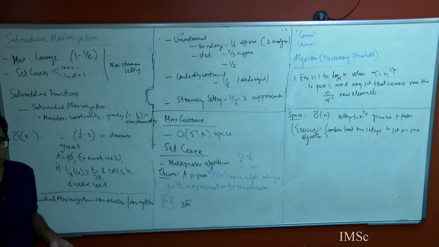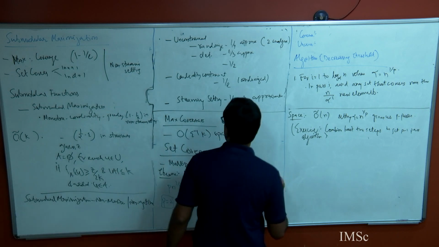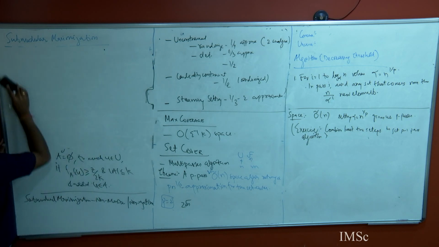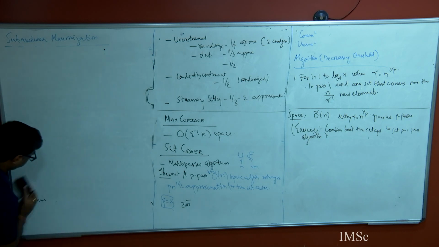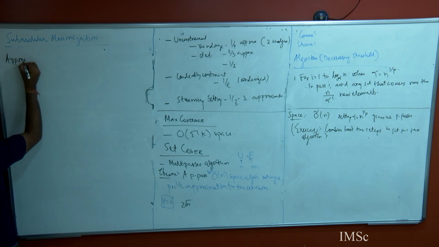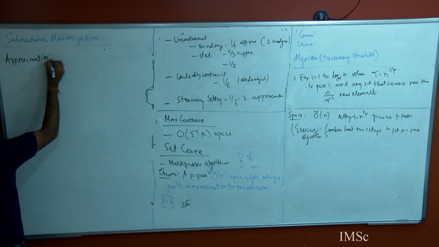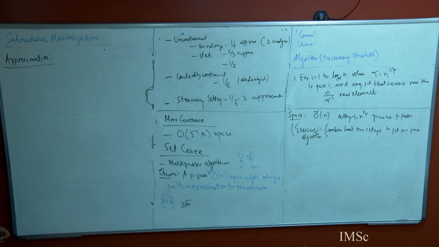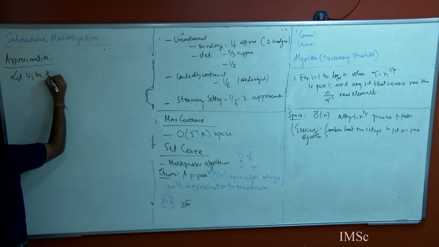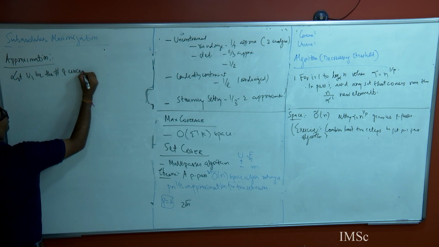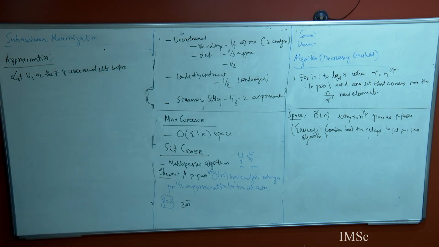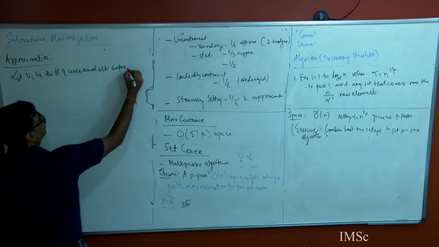Now let's look at the approximation. Let ui be the number of uncovered elements before the ith pass.